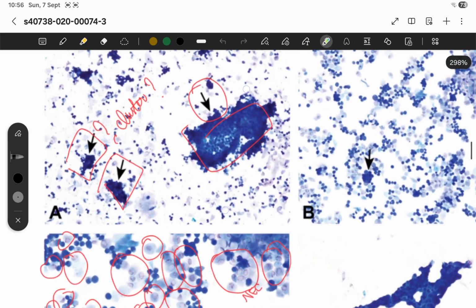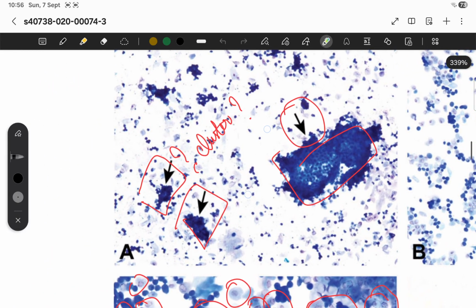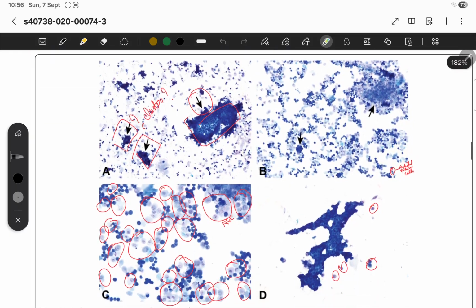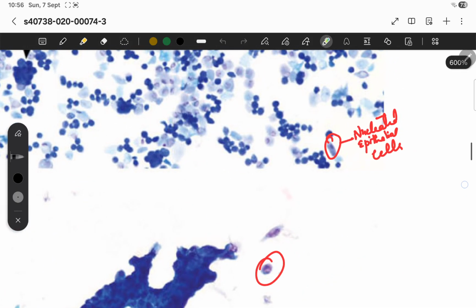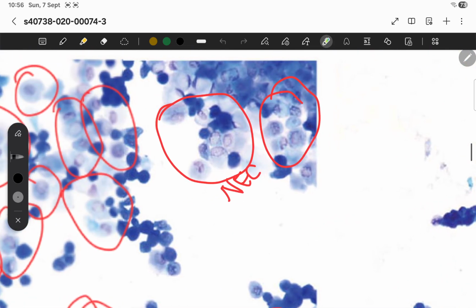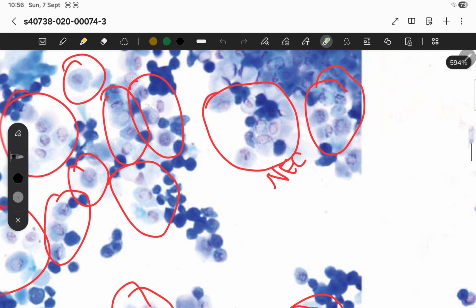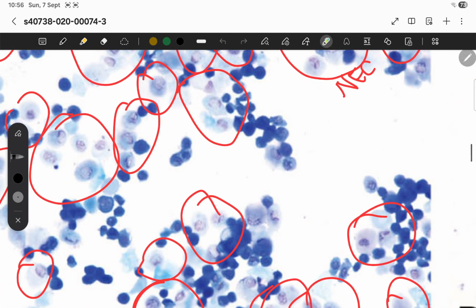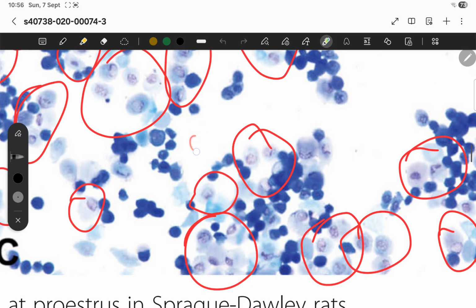These clusters are here. So how do they look? A cell with a nucleus, like this: nucleated epithelial. Look at them, nucleated epithelial. You can see the cell and the nucleus inside.